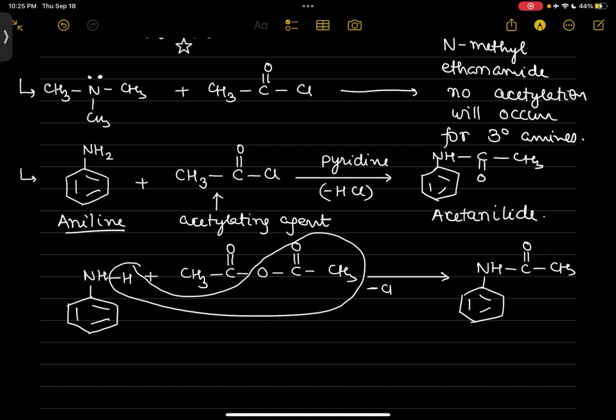In this case, we are going to remove CH3COOH. This is known as acetic anhydride, the other acetylating agent other than acid chloride. The above one is acid chloride, carboxylic acid chloride, which is the name of the functional group. The actual one is acetyl chloride, and this next one is acetic anhydride.